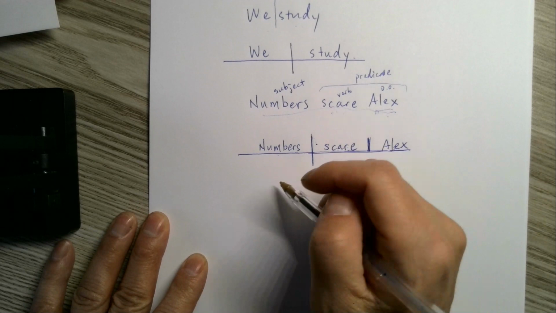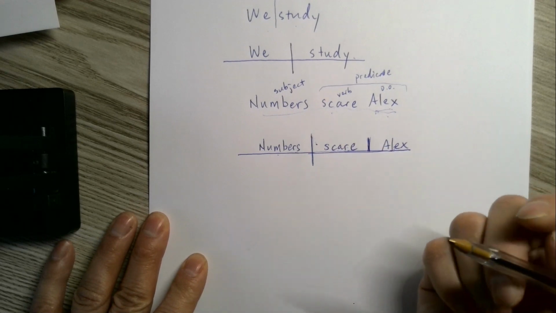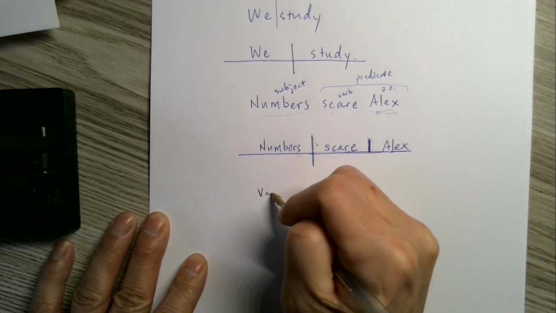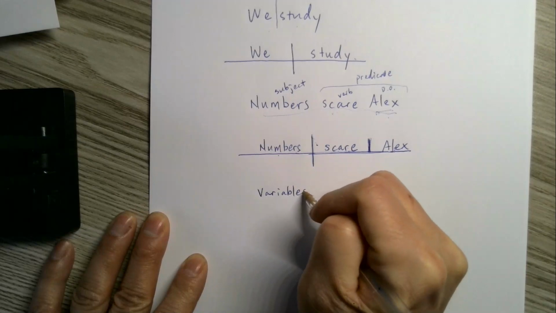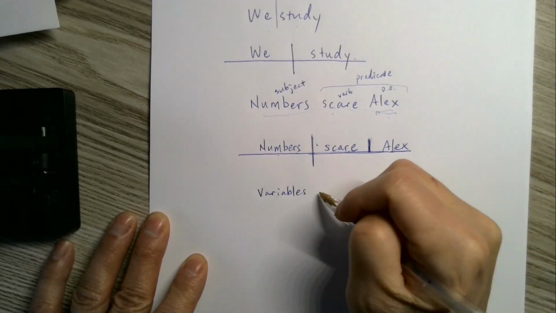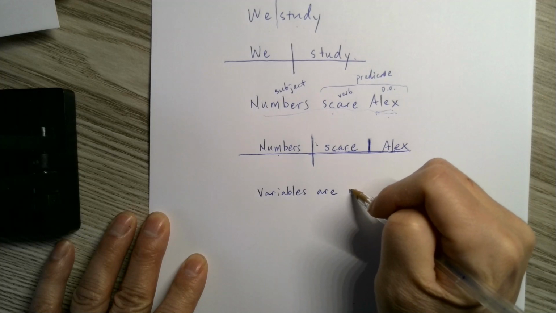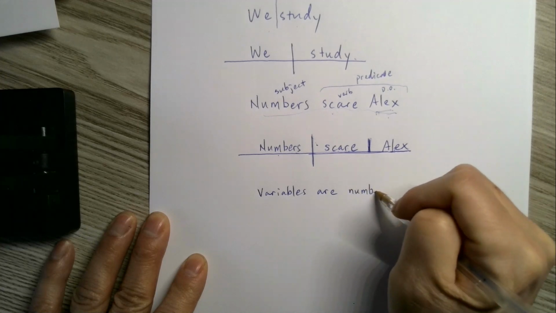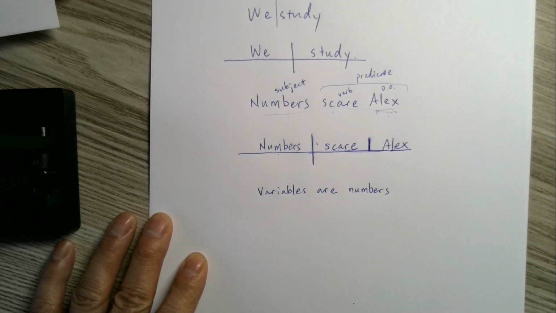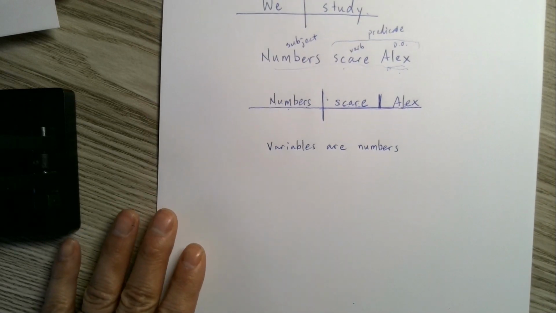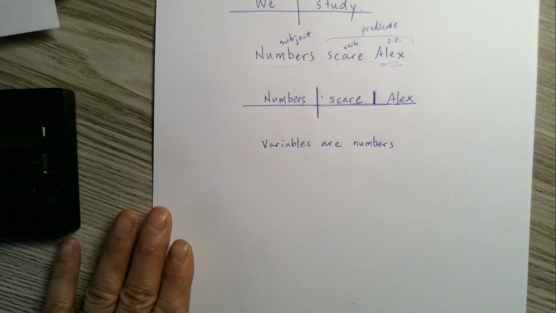Okay, so now we're going to have another three-word sentence, but it's slightly different. Variables are numbers.